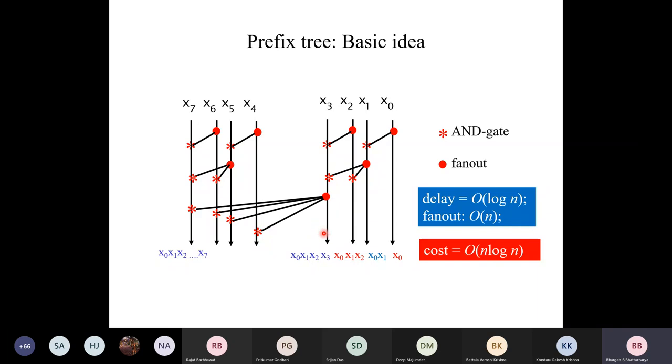And moreover, whenever you have fan out, so many gates are connected to a common point, so the capacitance of this node would increase significantly.